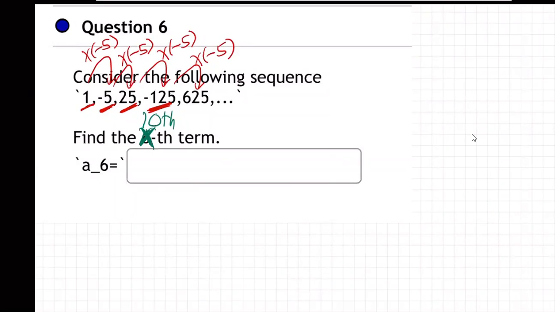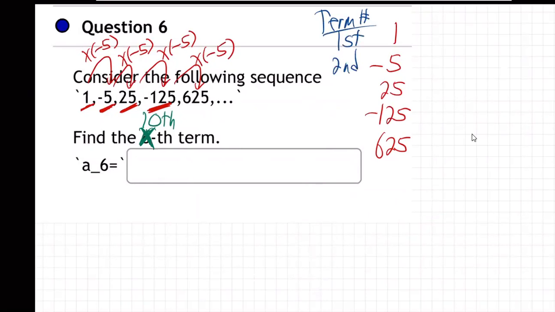Okay, great. So we're supposed to find the 10th term. Well, it'd probably be helpful to go over here again and list them. So we're going to start with a 1, and then -5, and then 25, and then -125, and 625. And let me write the term number. The term number is important.